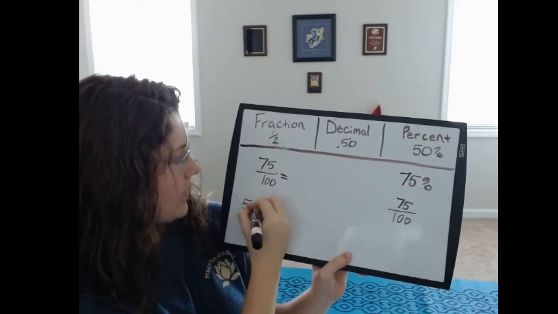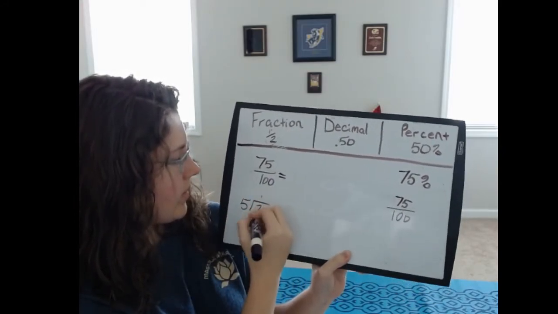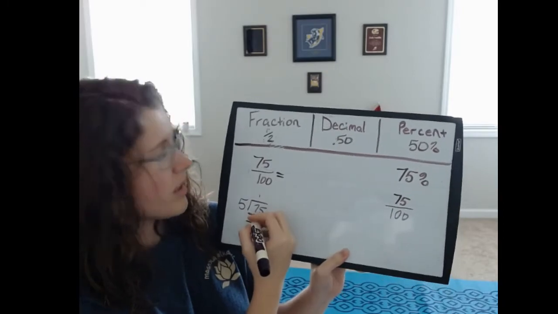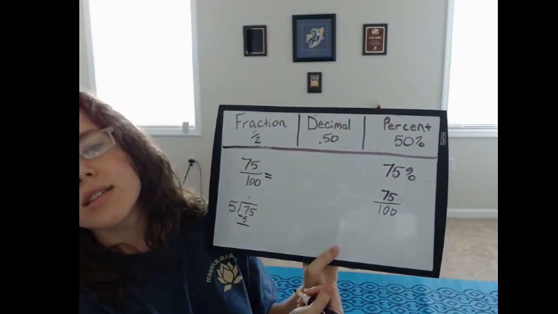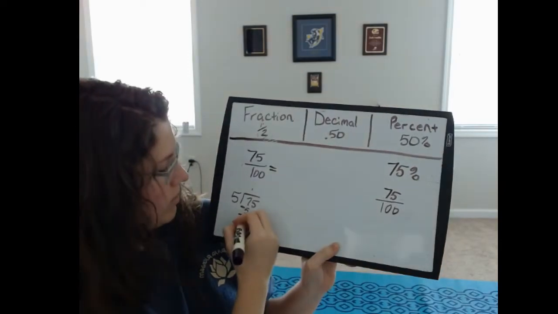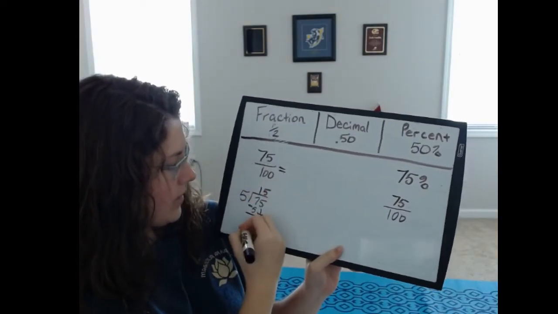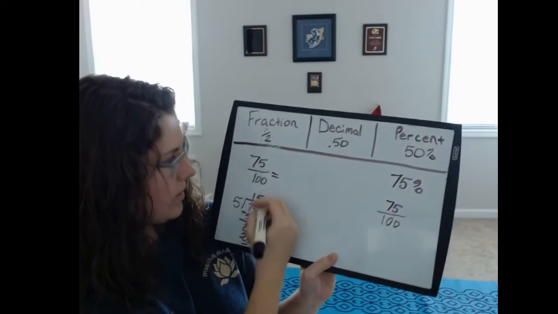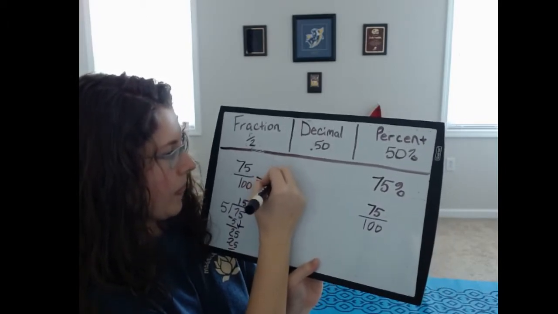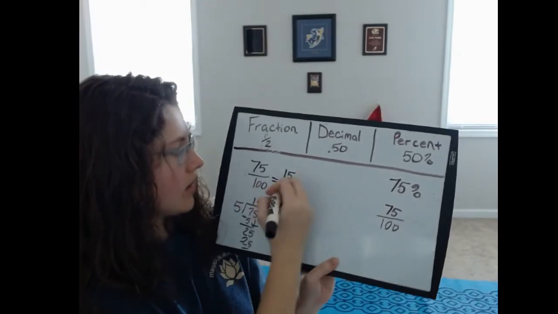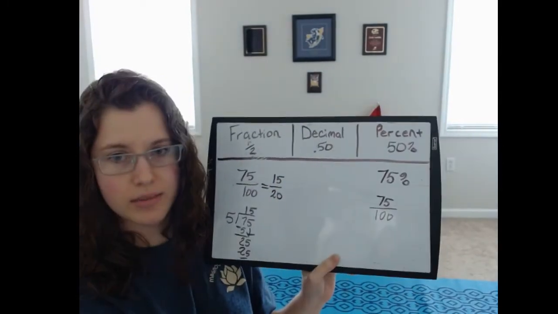Let's see, 5 into 75. 7 minus 5 is 2. 5 can go into 25 5 times. Alright. And I know that 5 can go into 100 20 times.